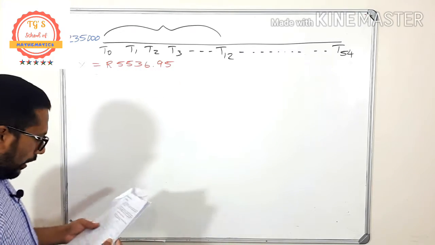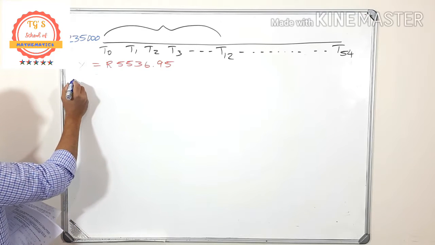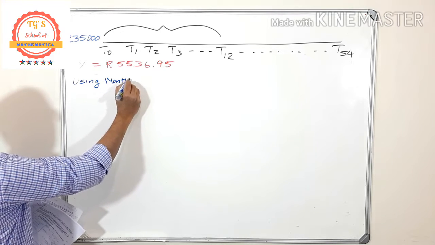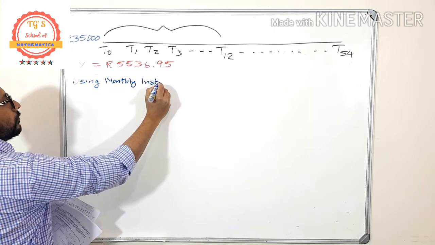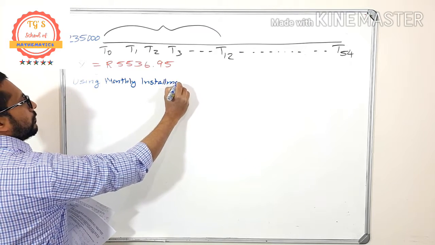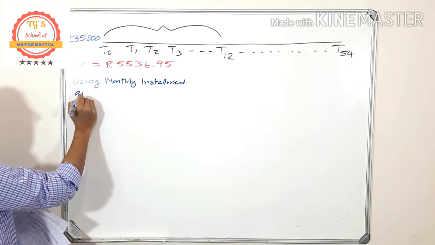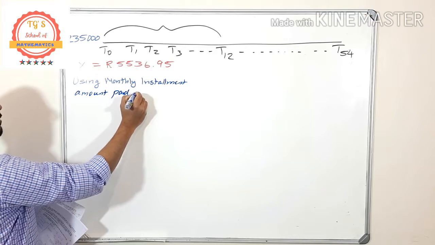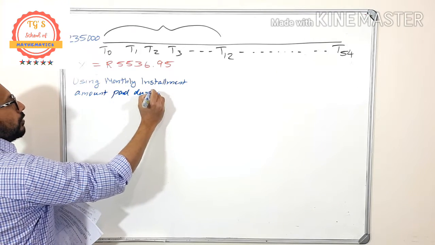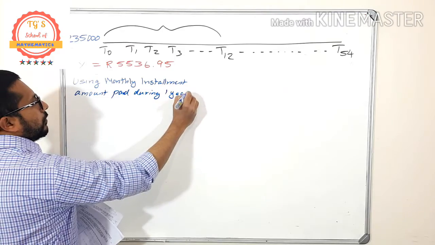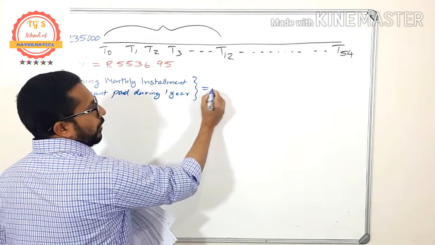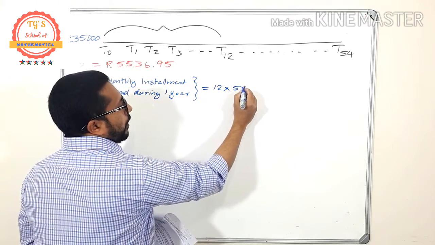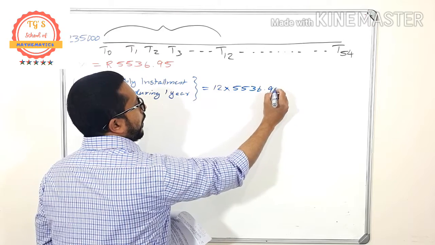Okay. So using monthly installment, amount paid during 1 year. How can you find that one? 12 times, what is the monthly installment? 5,536.95.